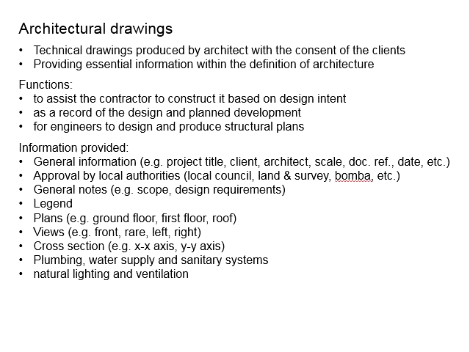And normally the project is defined by the lot number as approved by the local authorities, land and survey. Then you will know that that particular drawing is specific to what kind of project and is meant for what lot of land. It also provides the information on who the clients are.